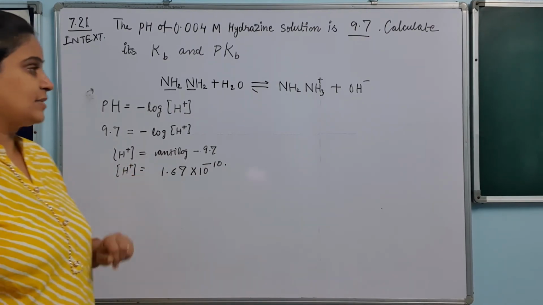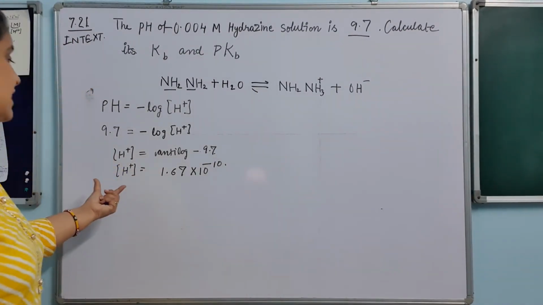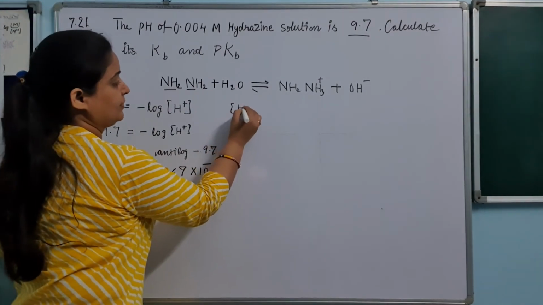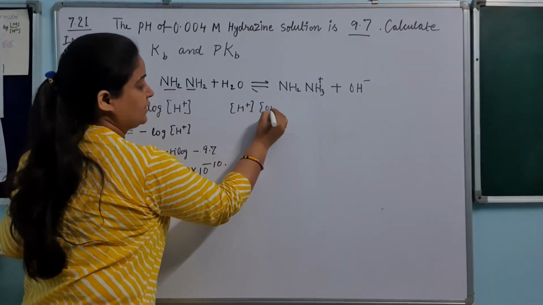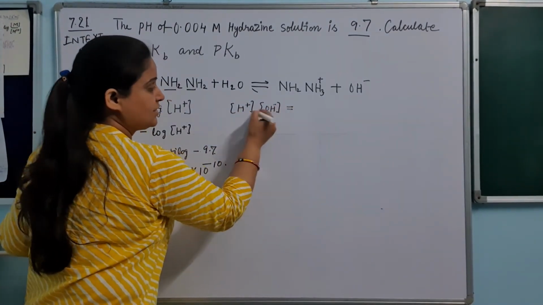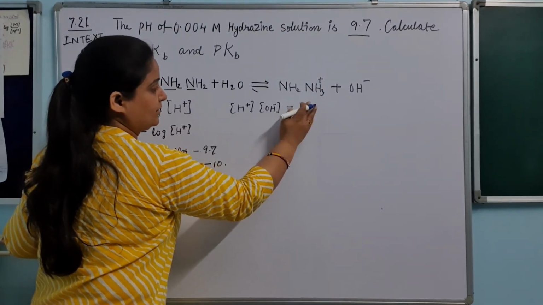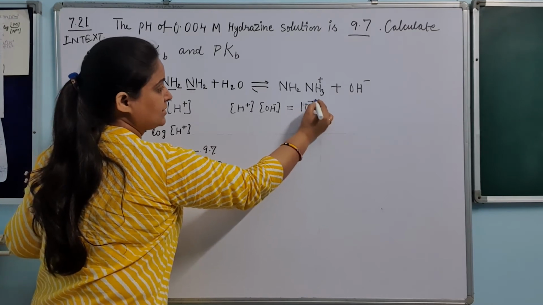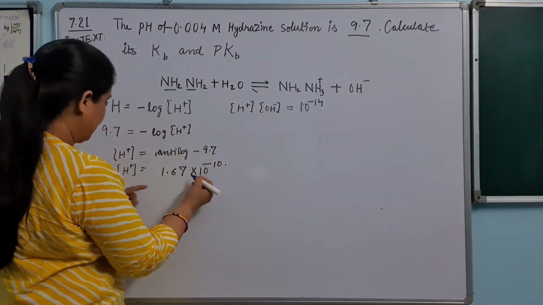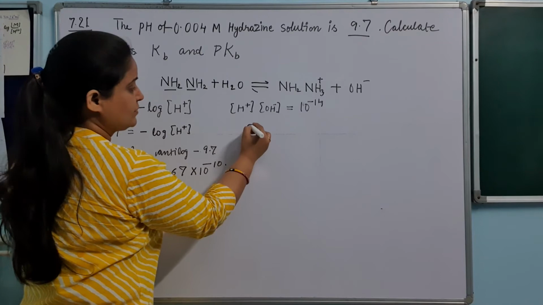Fine. One thing we know is that the H plus ion concentration times the OH minus ion concentration is equal to 10 raised to power minus 14. So we have already calculated the H plus ion, so we can calculate the OH minus ion concentration.